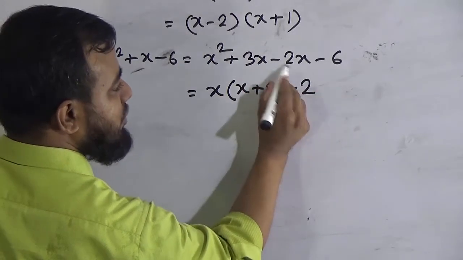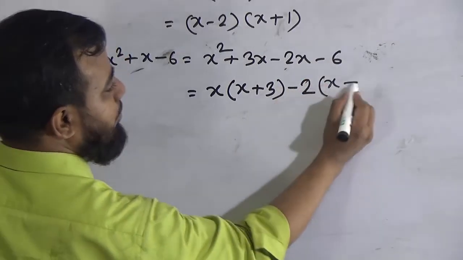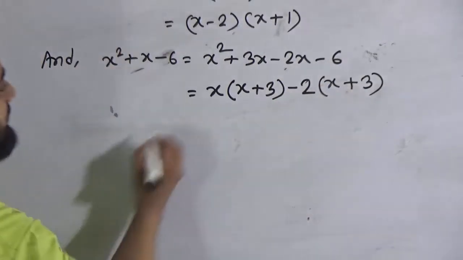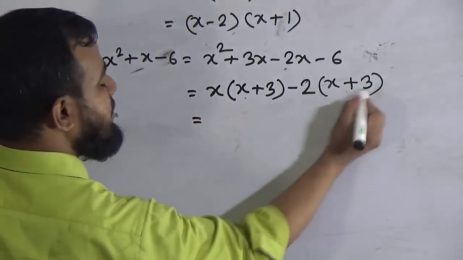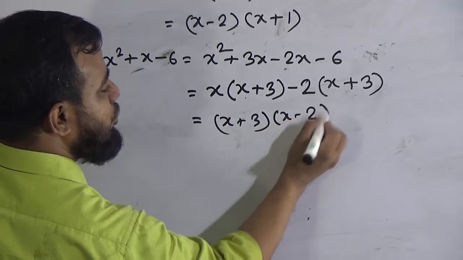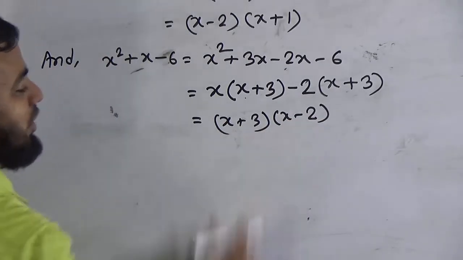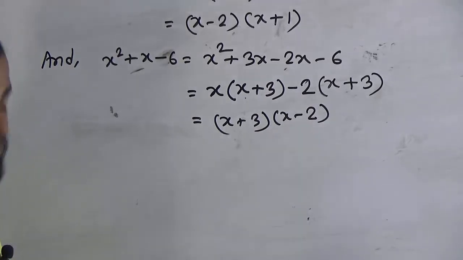If we take minus 2 as common, we will have x here remaining, and plus 3 will be here. Okay, now x plus 3 we can take common from the two terms. We will have x minus 2. So x plus 3 into x minus 2 is our denominator of the second fraction.